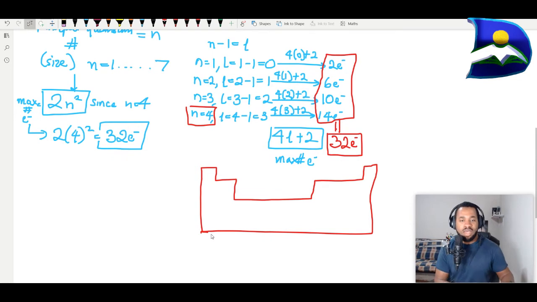So we have this region right here, which is 1, 2, 3, 4, 5, 6, 7. So dividing it, we have all these taken care of, and we have all these right here.